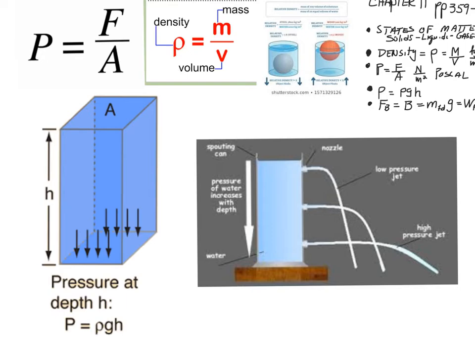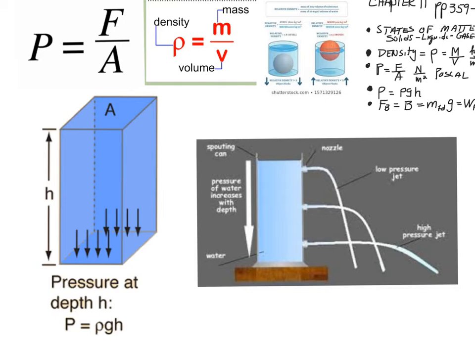It won't change much climbing up a flight of stairs, but in a swimming pool, as you go down, you can feel the pressure change very dramatically because of the high density. So this is the equation that we're going to be using whenever we run into a situation.